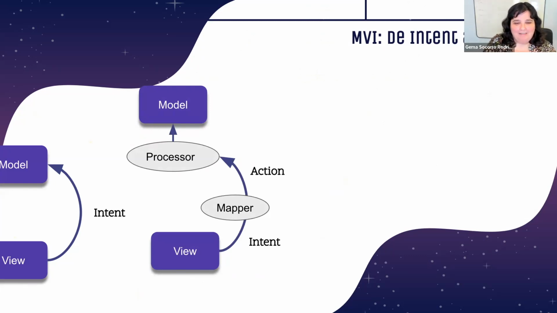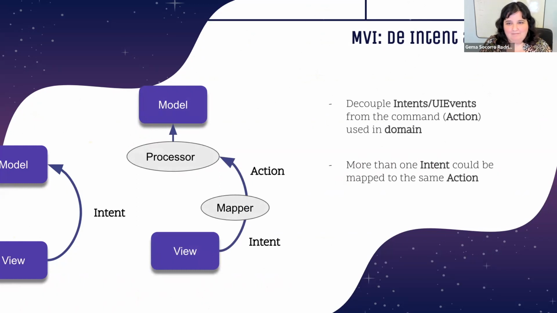Okay, so we have our intents, and then before they reach the model, I like to convert them into actions. Okay, an action is like the domain representation of what we want to do. It's like a command, really. So I have an intent, and this intent in the user intentions domain will mean this in my app domain.